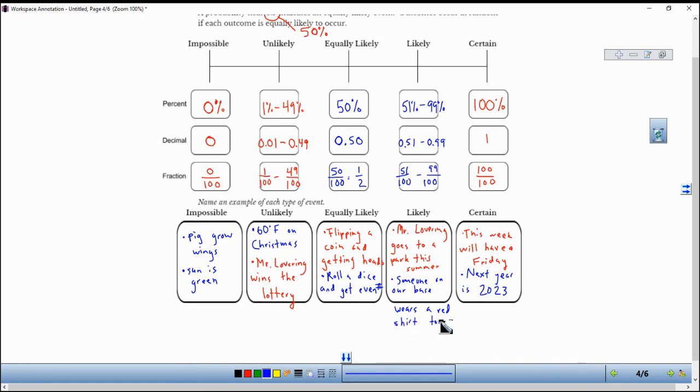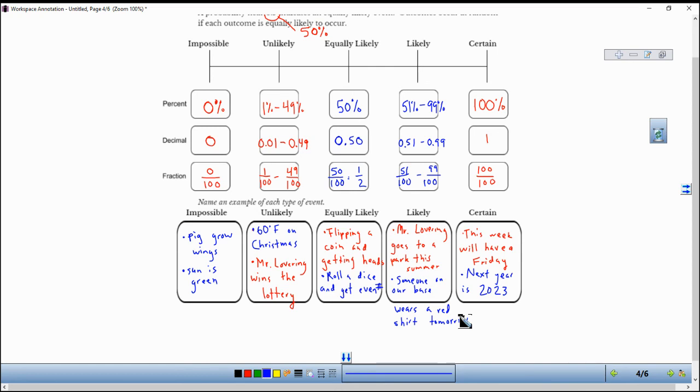Now, we can't be certain about that because there's no one on our base that wears a red shirt every single day. If that were the case and they only own red shirts, it would be certain that the event would happen. But it's likely. There's probably someone on our base that's going to wear a red shirt tomorrow. We have a good feeling about that.